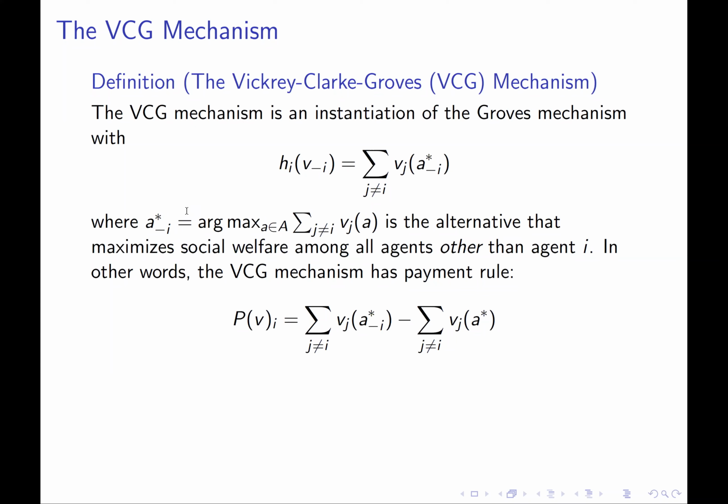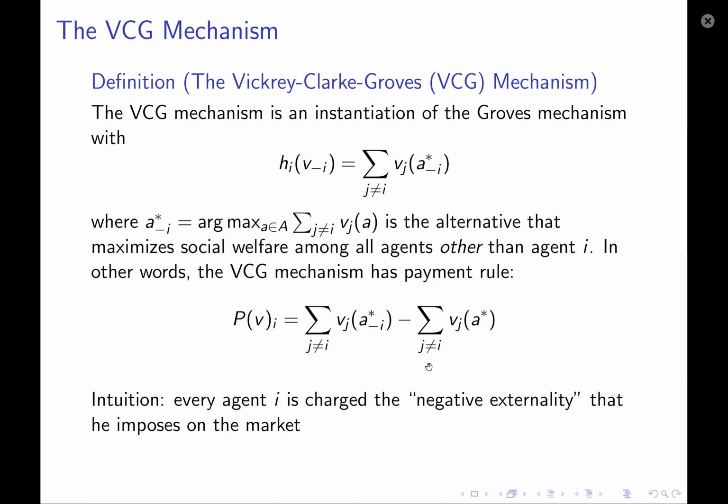Okay, so just reminding ourselves what payment rule we get when we plug that into the Groves payment rule. The VCG mechanism is going to ask each agent i to pay the difference between how happy in aggregate the other players would have been had player i not participated, the sum of all of the valuation functions evaluated at the alternative that would have been chosen had player i not participated, minus the sum over all of the other players of their valuation for the alternative that was actually chosen.